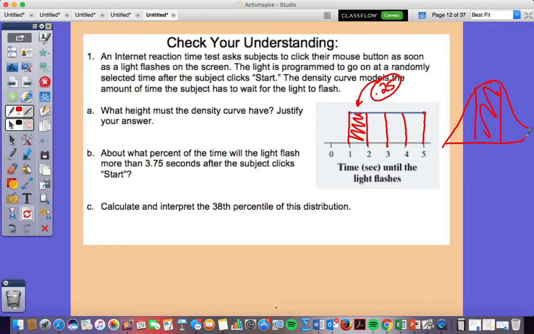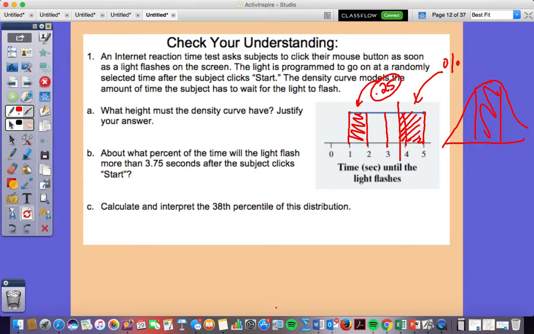So 3.75 would be right here, correct? And so I'm trying to find what that area is. About what percentage of the time, so out of 100, I'm trying to find what this percentage is. Well, this would be this area out of the total 1. The area is 1, right? This is 1 and 0.25, so in total that's 1.25 of the area.